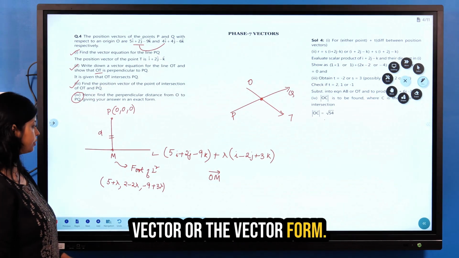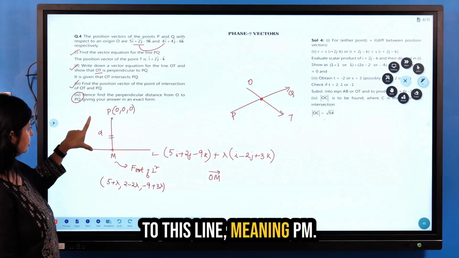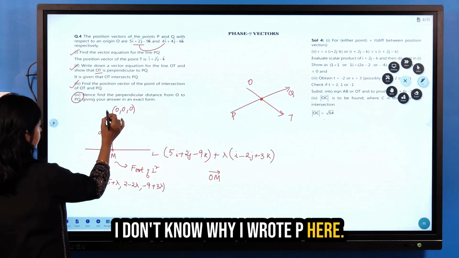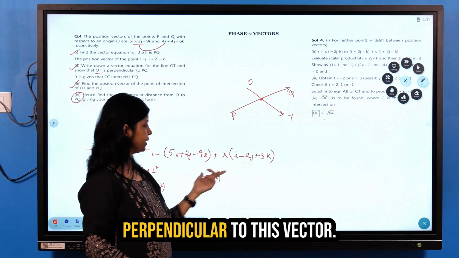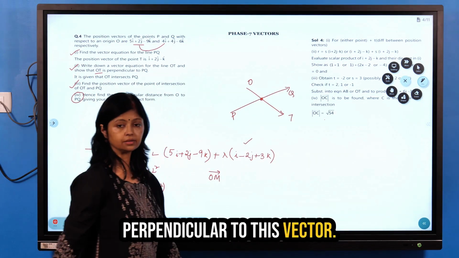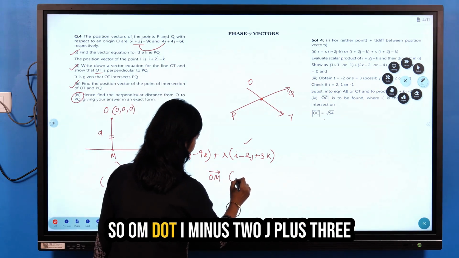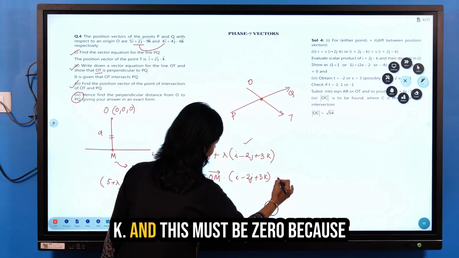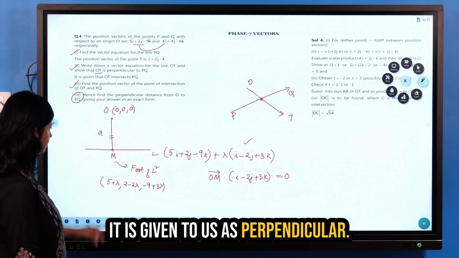This has to be perpendicular to this line, so OM is perpendicular to this vector. We can just use the dot product here: OM dot i minus 2j plus 3k, and this must be 0 because it is given as perpendicular.